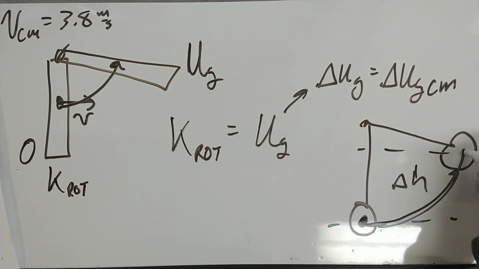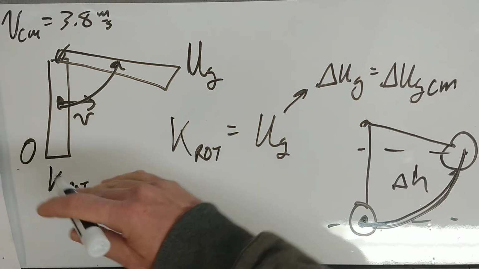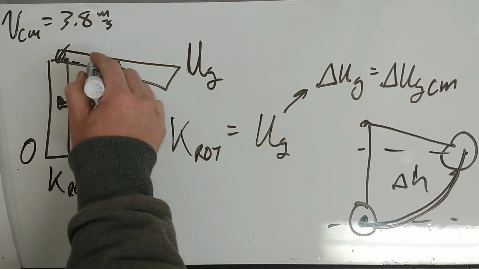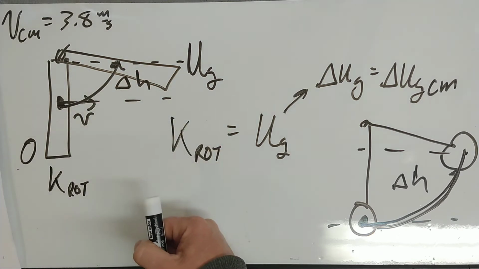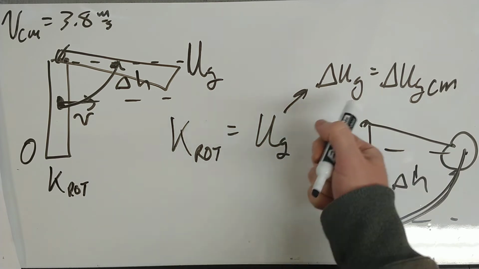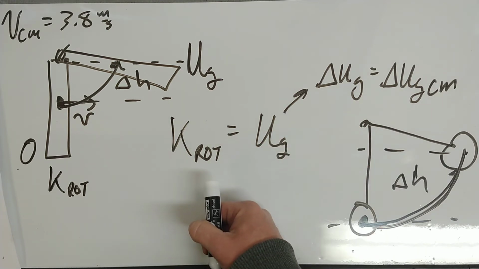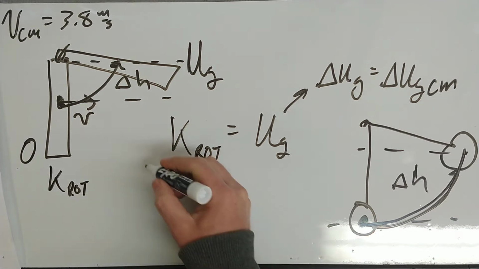So the change in height of the mass is always referenced by the change in height of the center of mass. It's the same thing for something swinging up like this. It's the change in height of the center of mass that gives us the gravitational potential energy. So how high does it swing? That means how high does the center of mass change.